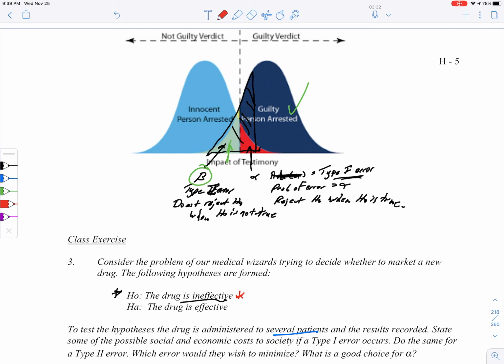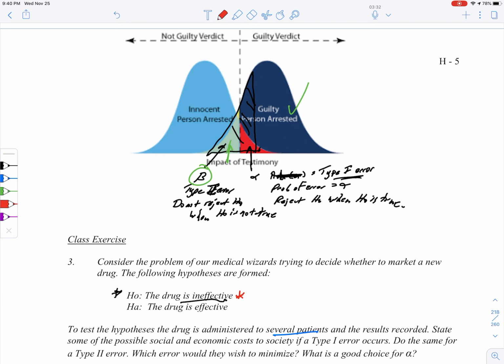And then you can do a cost-benefit analysis as to what are the actual monetary costs or non-monetary costs as well, which is hard to quantify, but the costs associated with certain levels of alpha and levels of beta. That's not something which we're going to do, and so in our particular cases, we will assume a level of alpha of 5% unless the problem gives us something different.